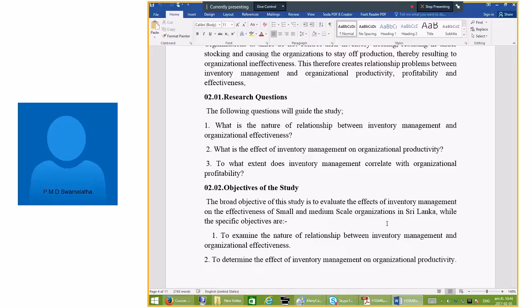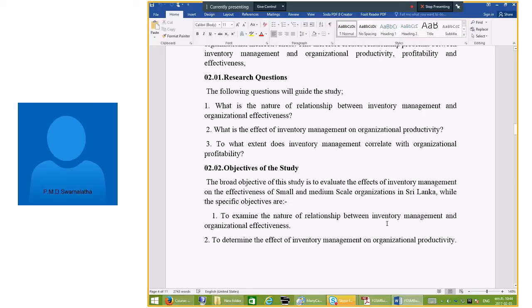Is there any relationship between inventory management and organizational performance? That means productivity, profitability, and effectiveness.